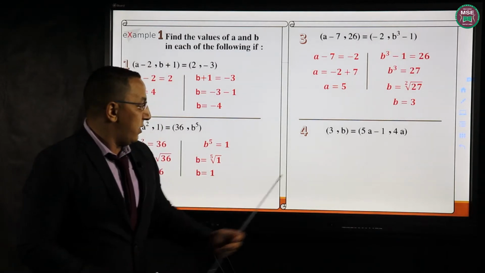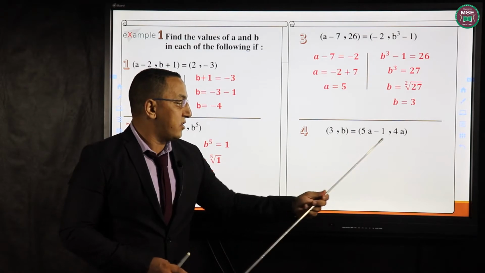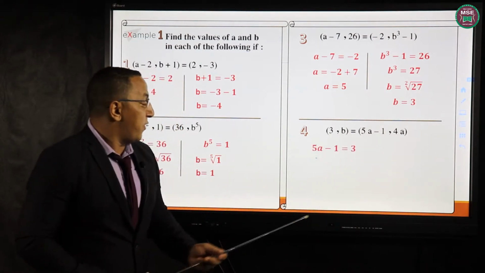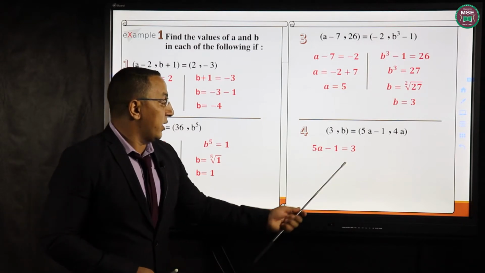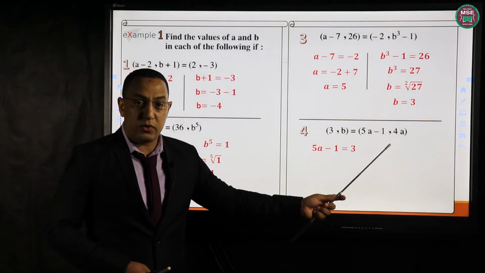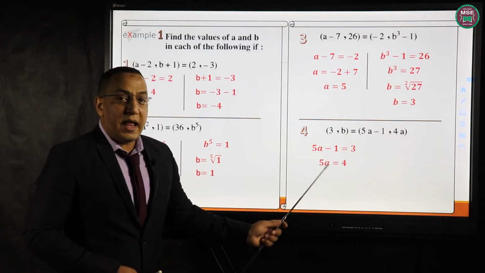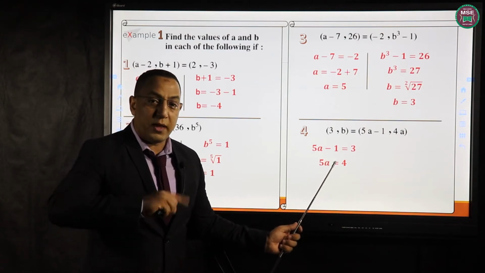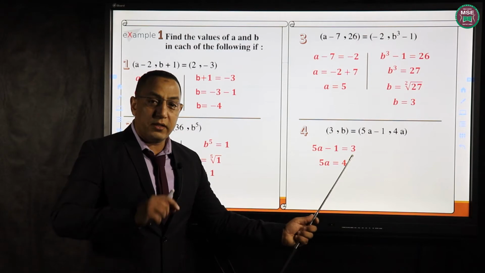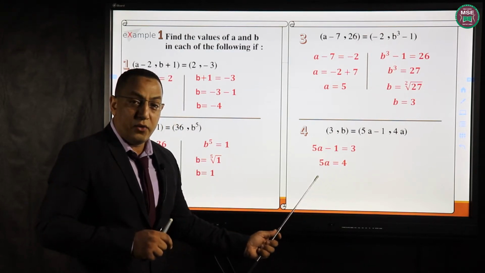Finally, we have example number 4. The ordered pair (3, b) equals another ordered pair (5a - 1, 4a). The first equals the first, so 5a - 1 equals 3. I'm going to send 1 to the right side, so it will be 4. So 5a equals 4, which is 5 times a. I'm going to send the 5 to the other side, which is division, so it will be 4 over 5.